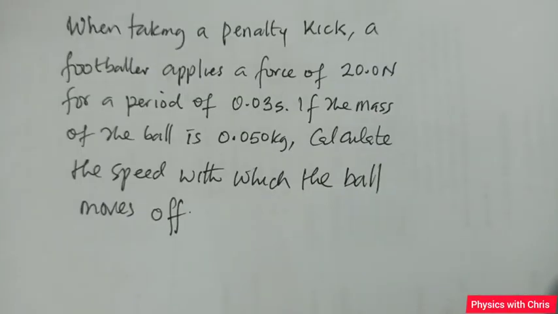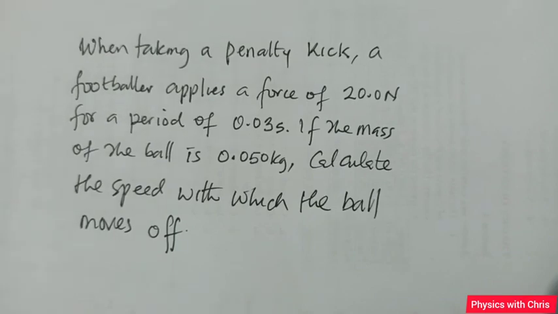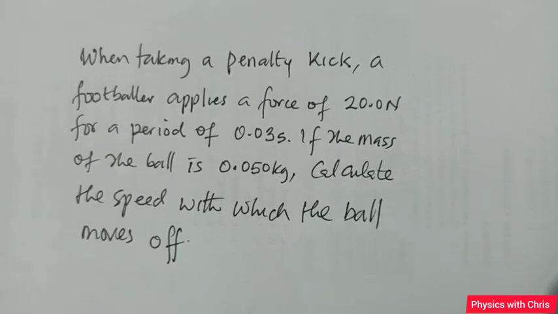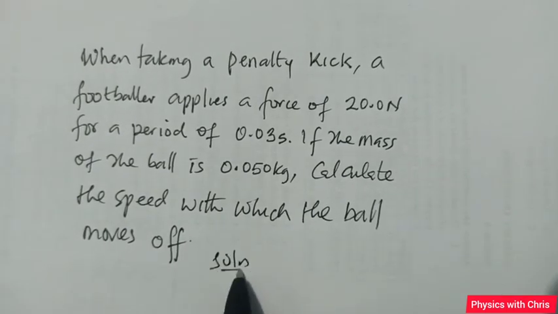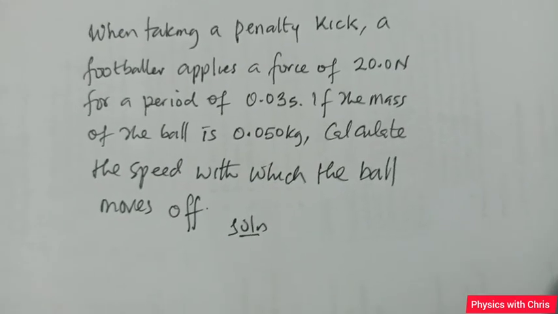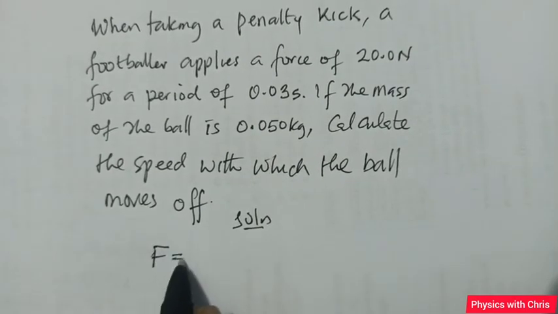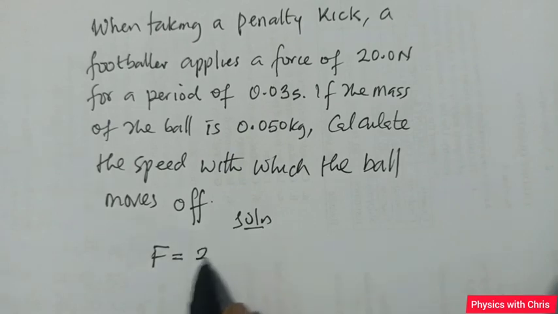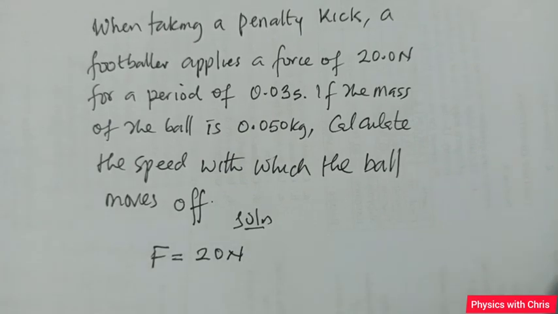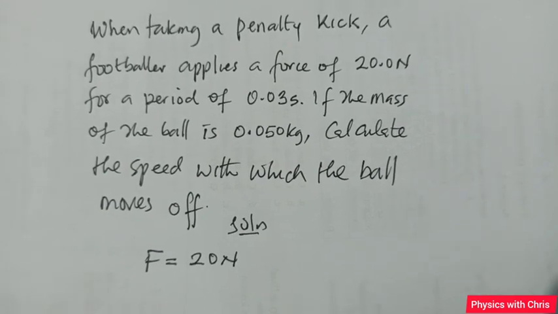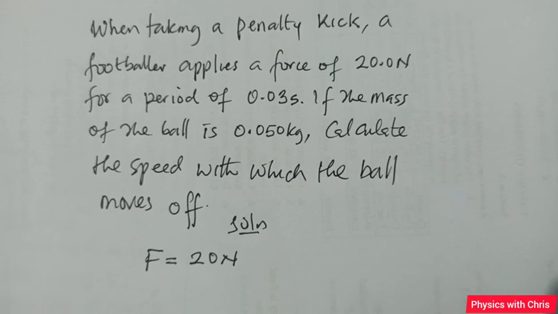Now consider this question. When taking a penalty kick, a footballer applies a force of 20 newton. As I read, let me write down the given parameters. The force applied to the football is 20 newton, just like in a football match being played between two teams, where a penalty is awarded to one of the teams, and the player applies a force of 20 newton through his boot on the ball.